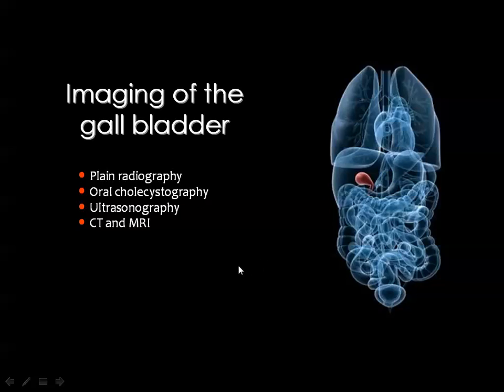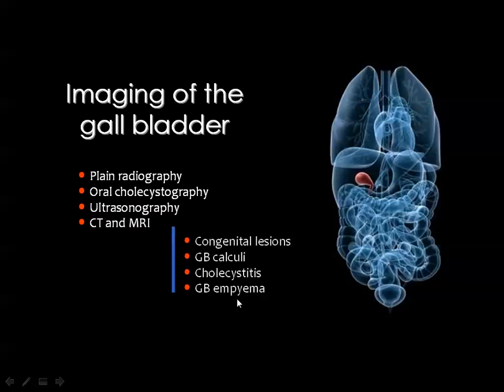The main imaging modalities include the plain X-ray, and this is an old technique known as oral cholecystography. Of course, ultrasound is one of the major tools for evaluation of the gallbladder, and sometimes we need the help of CT and MRI.